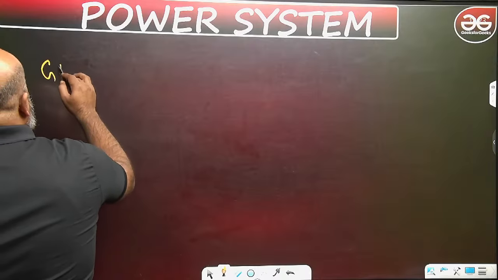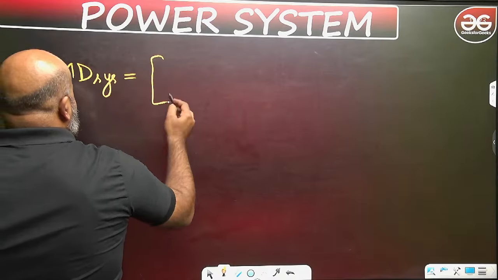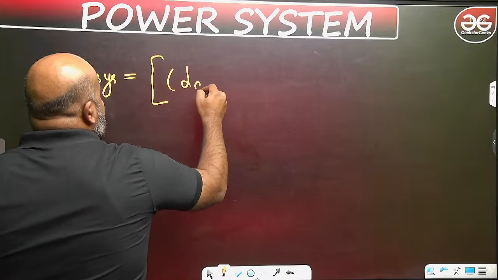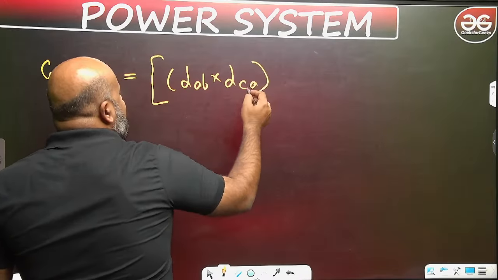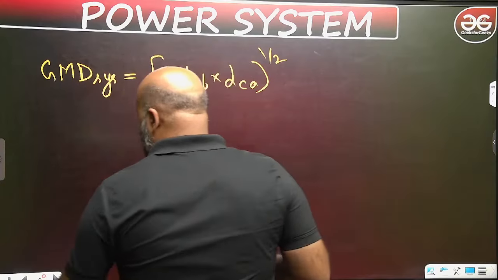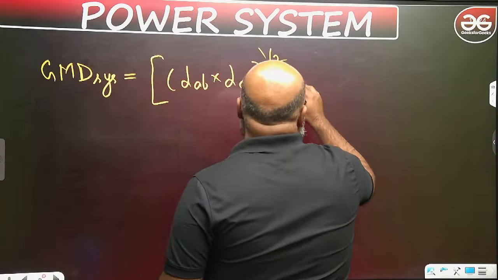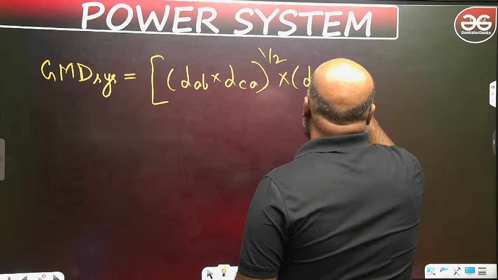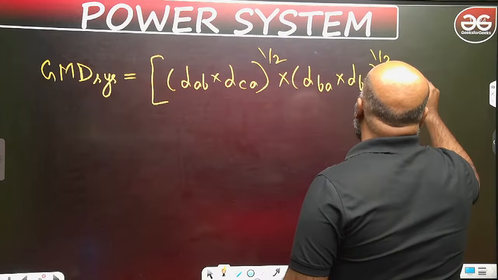So, what is going to be GMD system, dear? So, GMD system is, now you see this, DAB, DCA, power 1 by 2. Then GMDB, that is DBA, DBC, power 1 by 2.